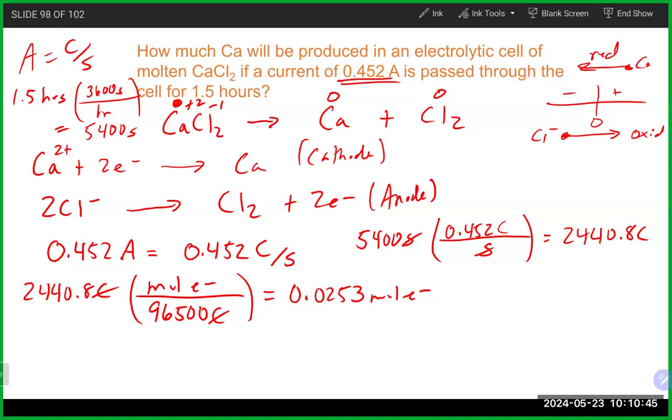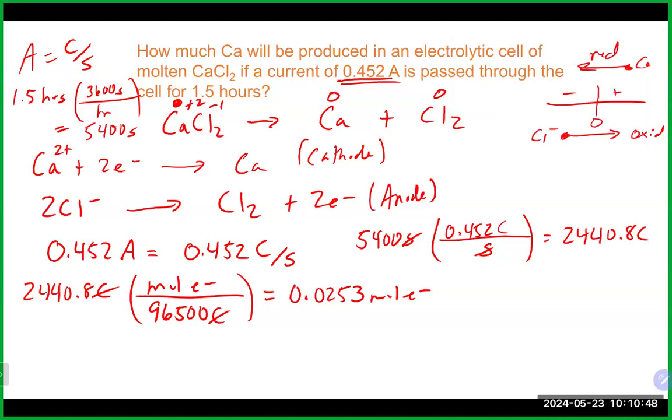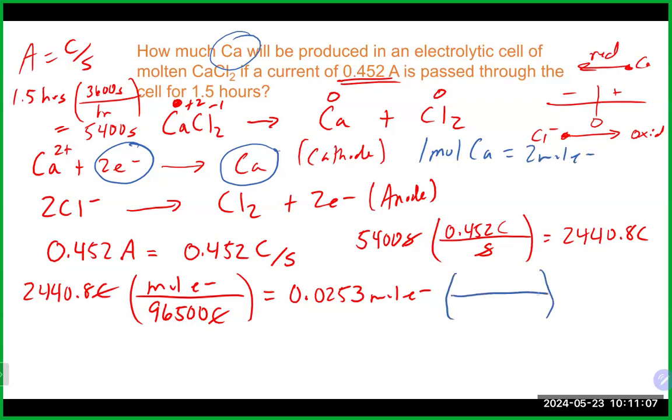In this particular example, we're interested in our friend calcium. So we'll go to calcium's half reaction, and I can see that for every 1 mole of calcium, I have 2 moles of electrons. Just like stoichiometry, I'm going to use that to get to moles of calcium: 2 moles of electrons to 1 mole of calcium, so we'll take that divided by 2, giving us 0.0126 moles of calcium.